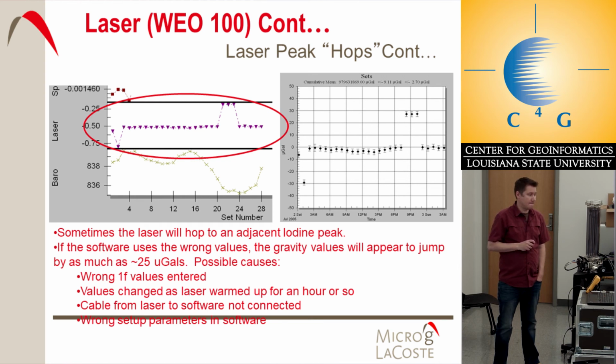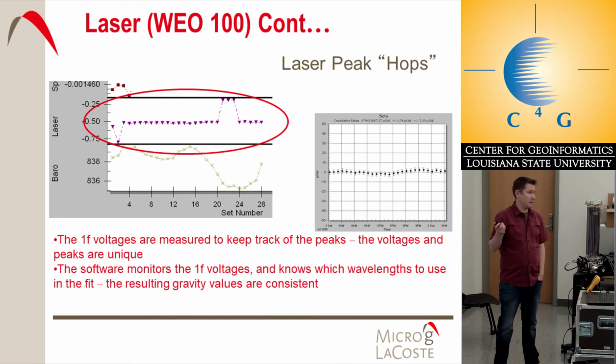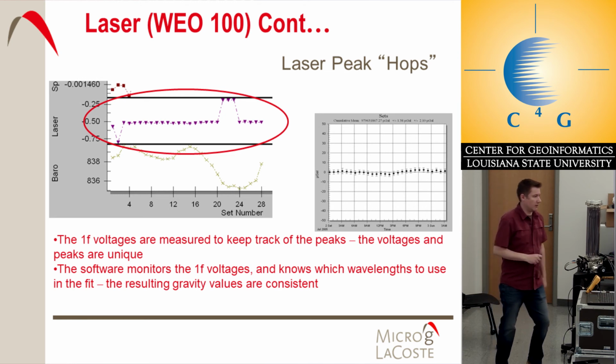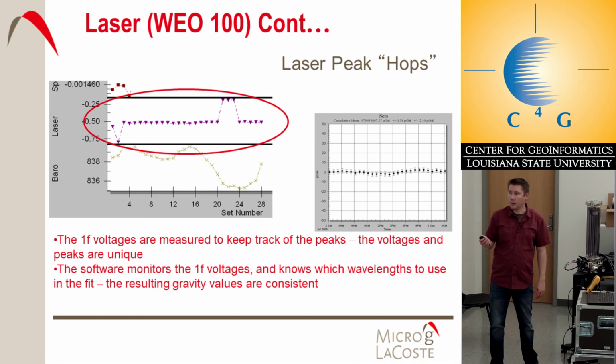The nice thing is, if you did have your 1Fs plugged in, you could reprocess with monitor 1Fs, and it would fix the data. So always record your 1Fs. That's the cable in the front that goes from the laser box to the SIMX, and just always leave that checkbox on. That's what it comes down to.